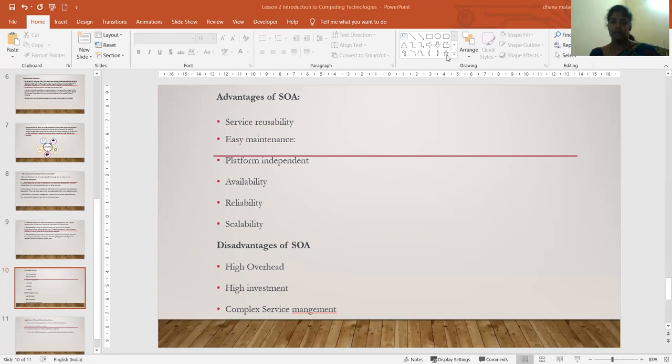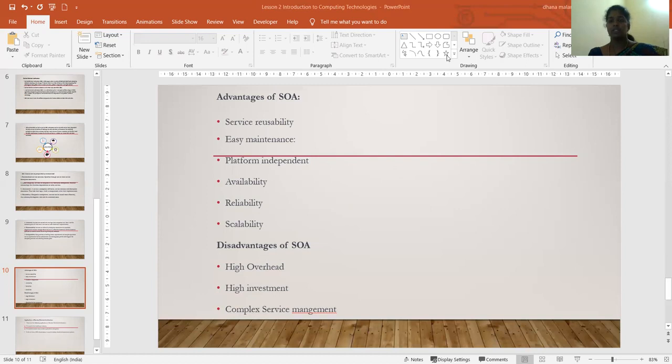Platform independent. SOA allows making a complex application by combining services picked from different sources, independent of the platform. Availability. Service-oriented architecture facilities are easily available to anyone on request.